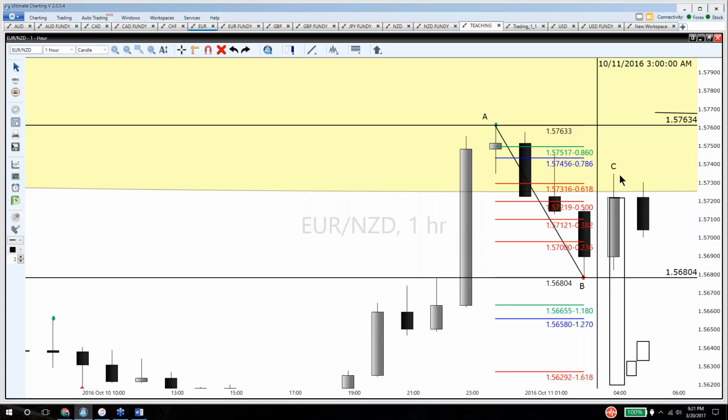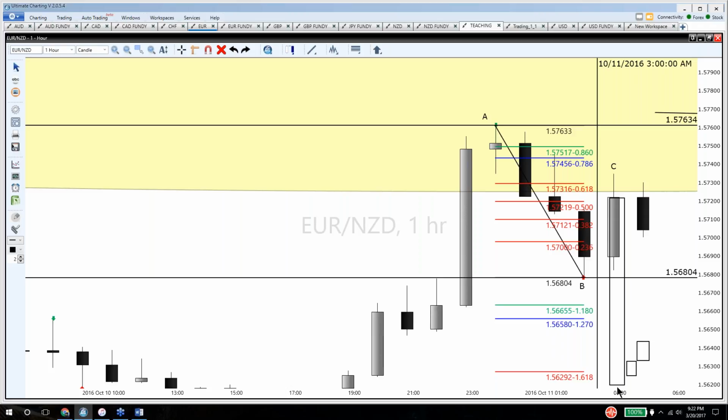Can we say that there is a closer point to the A after the B? No, right? This is still the closest point to the A after the B. And if this market fulfills the D extension and then creates a low with 2 to the left, 2 to the right, the D extension has been satisfied. The market has created a low. C and D can be the same candle. Does that make sense?